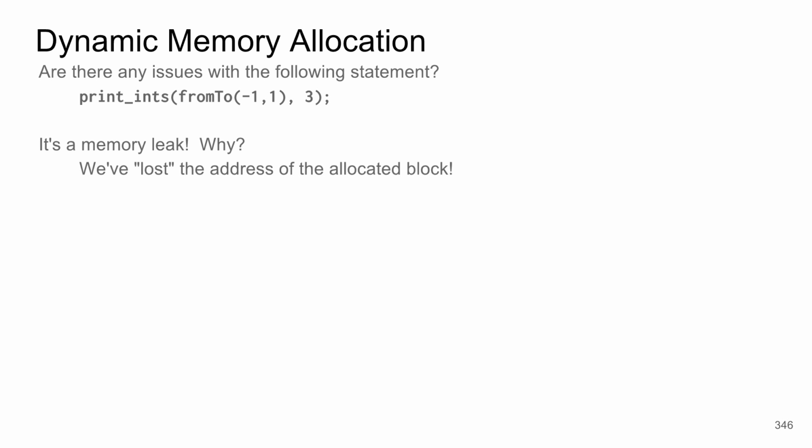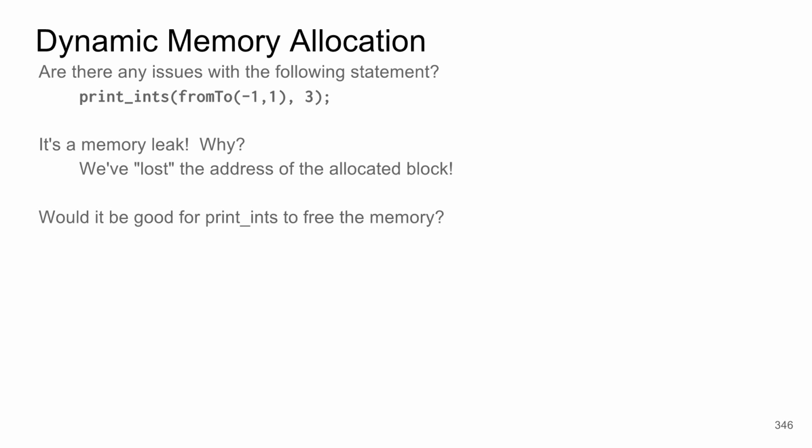The returning value of from 2 is directly passed to the print, so it's not stored anywhere. Right. So this is a memory leak, because as John said, this is going to return the address from that malloc call within from 2, and then we'll not be able to store that address anywhere, so we'll never be able to free it. So we've lost the address of the allocated block.